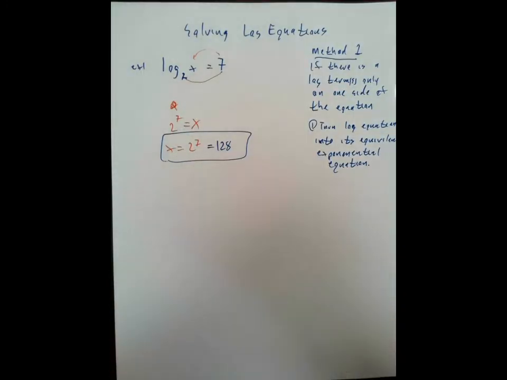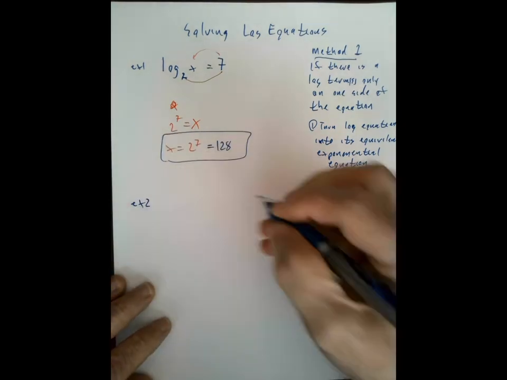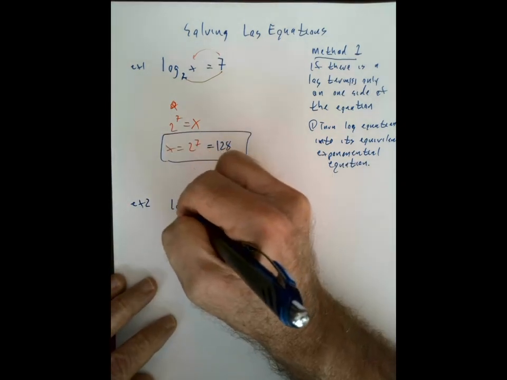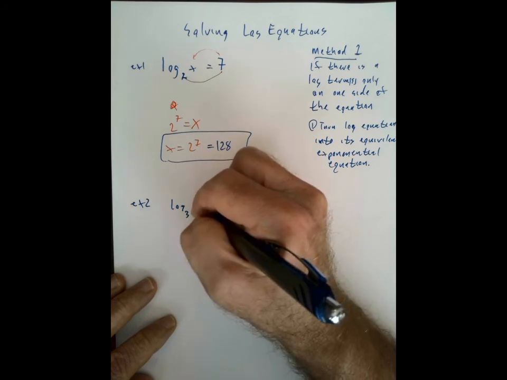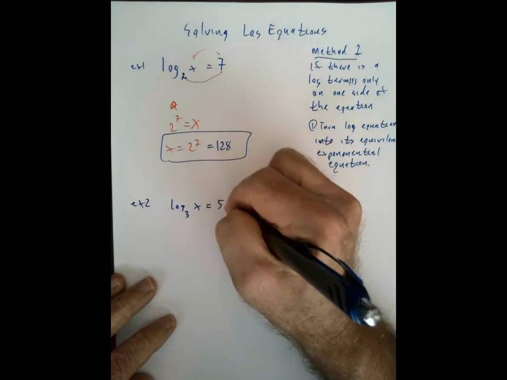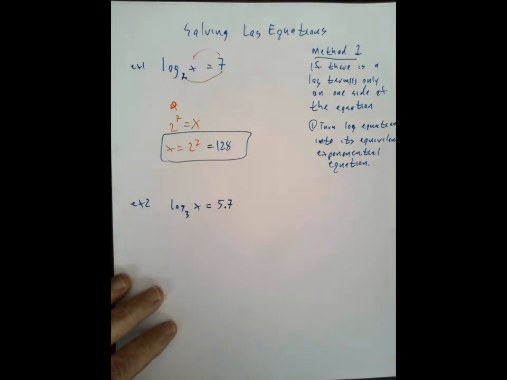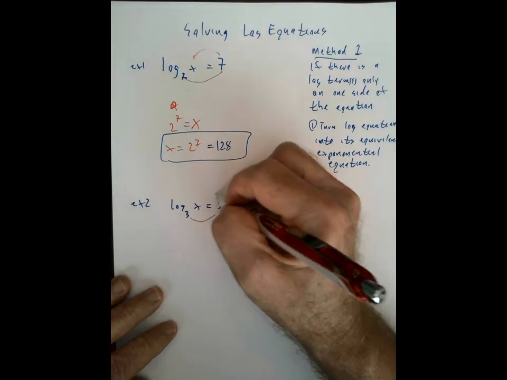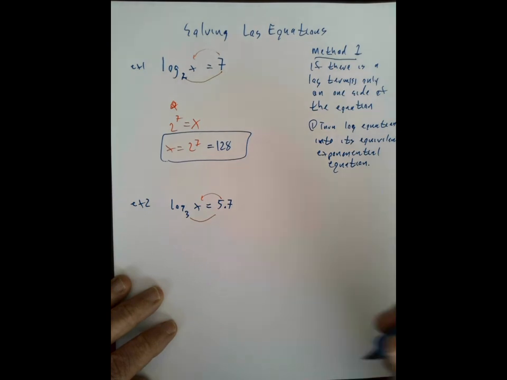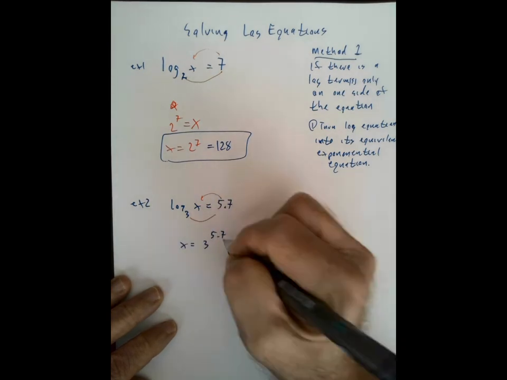Let's say it was something like this, example 2. Let's say log base 3 of x was equal to 5.7. Well, that's cool. Again, turning into its equivalent exponential expression, x is equal to 3 to the 5.7.